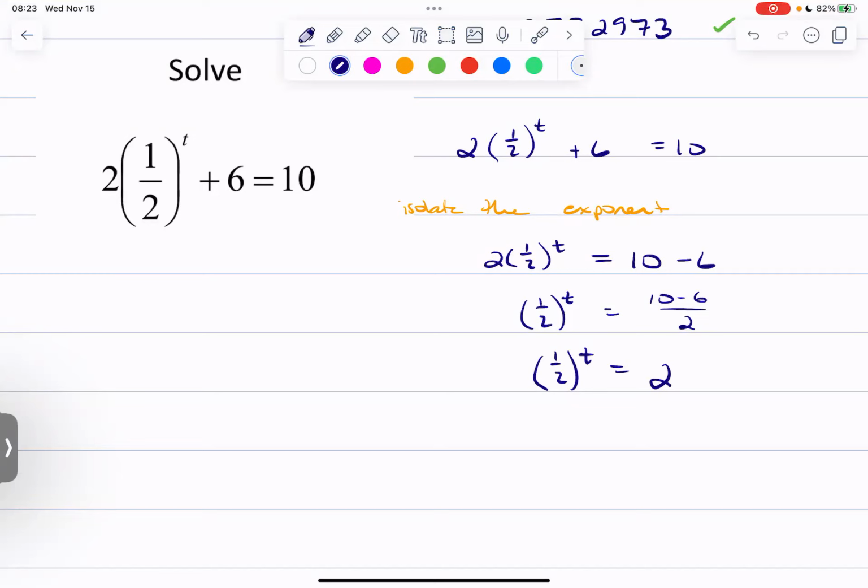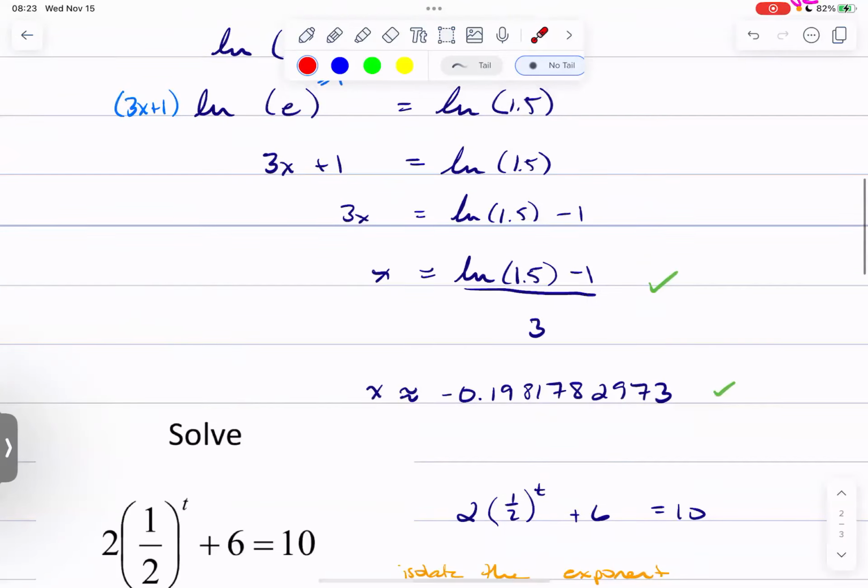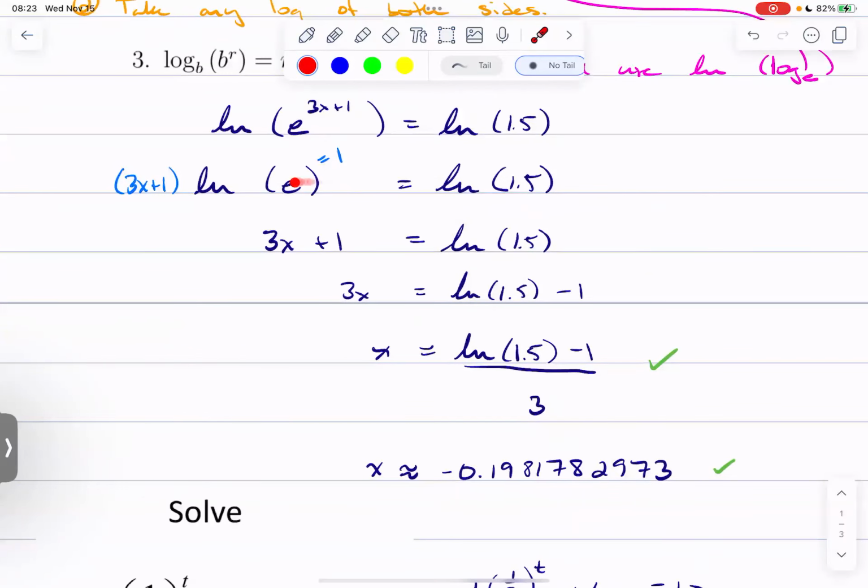And what do you want to do? Do you want to use a common log, the natural log, or do you want to use log base 1/2? I don't know, it's up to you. Let's use the common log just to mix things up, right? And see, so here, if we use log base 0.5, which we can do, then it would look the same as here, right?